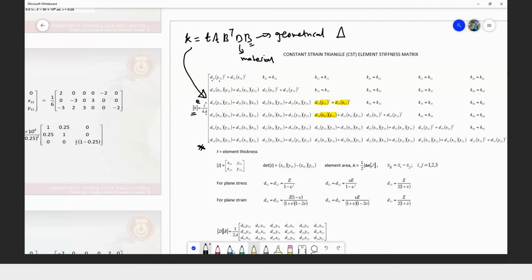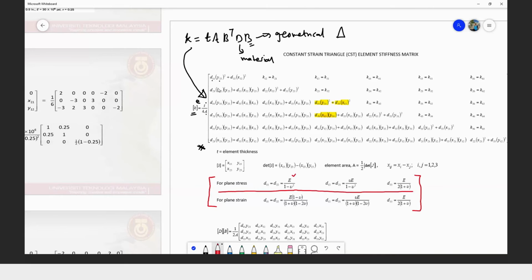But we have to be careful with this CST in the selection of material, whether it is for plane stress or plane strain. Usually the modulus of elasticity E is obtained from your material analysis. In the test, we supply the information for you, and the Poisson ratio of your structure as well.